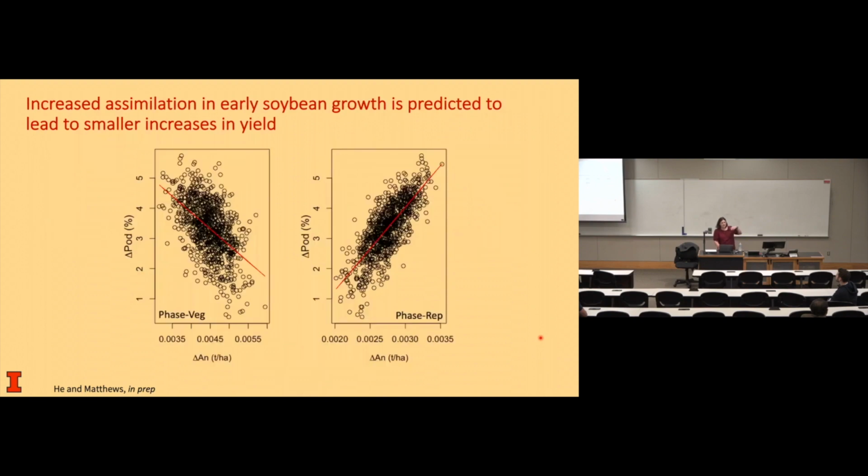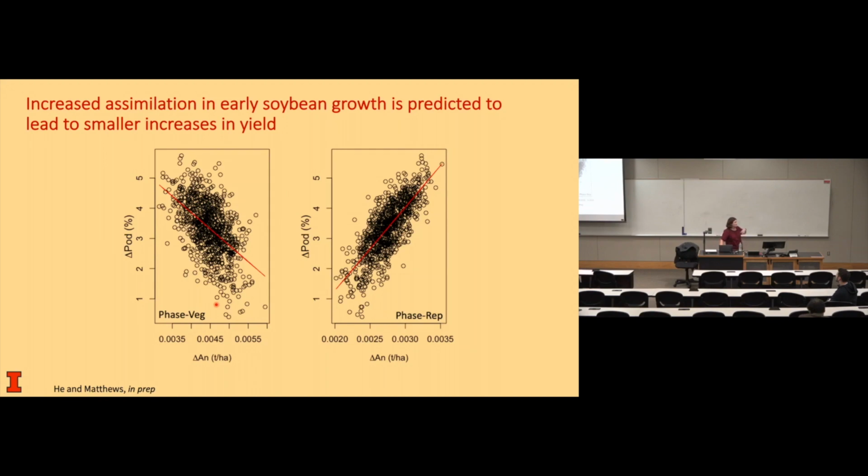This suggests that if you get a lot of sunlight in the early part of the growing season and you have your increased photosynthetic rates, you're creating a lot of biomass, and most of that is going to the leaves at that point. Some of that will be remobilized later to the pods and seeds, but not all of it. You've now got a larger canopy, and depending on the sunlight you get later in the season, when the pods and seeds are developing, you could have a lot more shading with the larger canopy, which leads to lower canopy-scale photosynthetic rates.